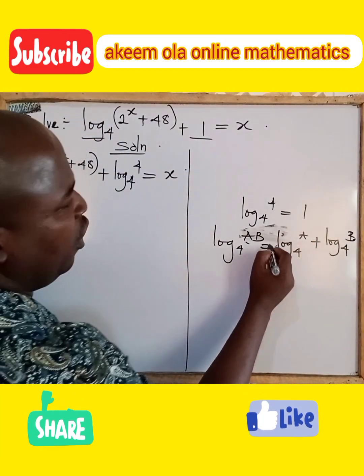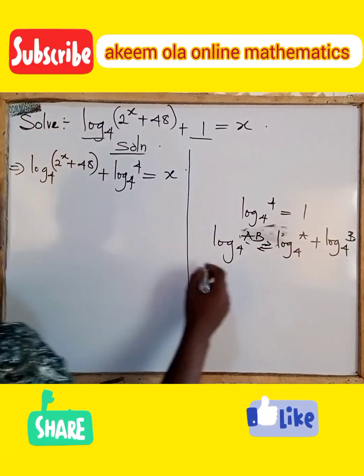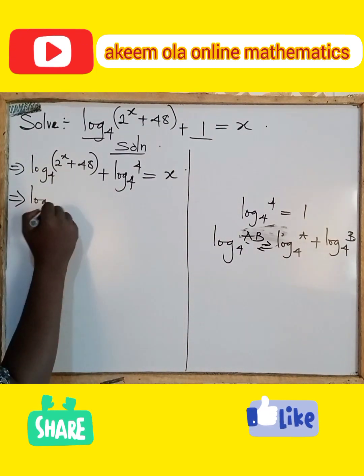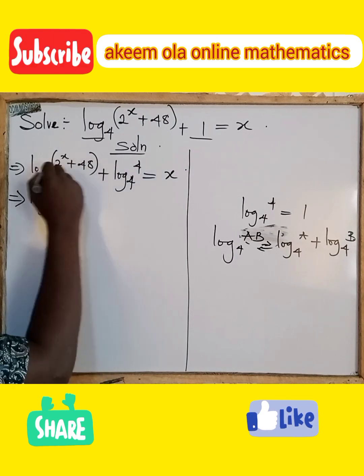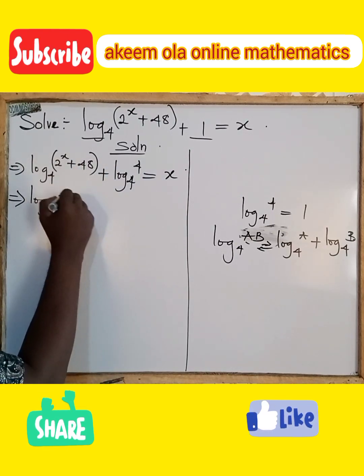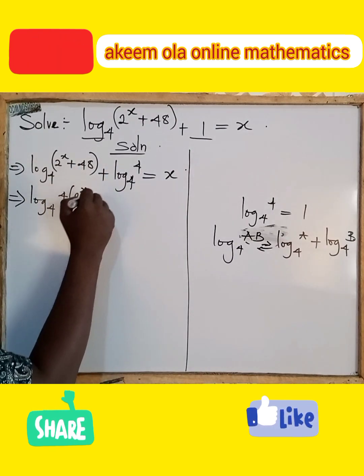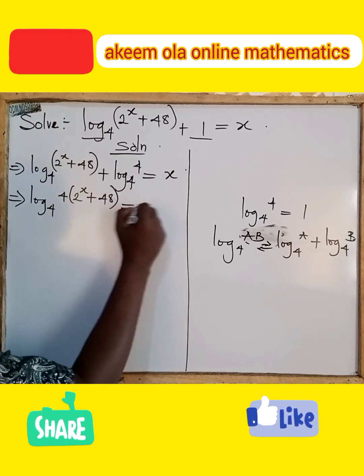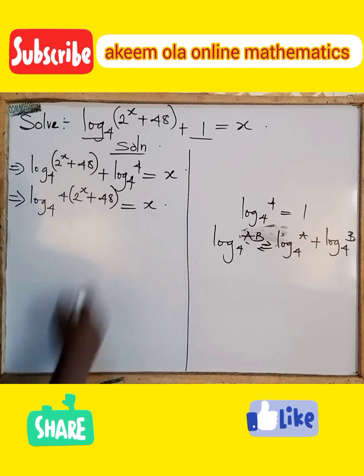So the law is reversible. That means the log 4 is common, so I will take that one out, and I can multiply these two together. If I do that, I will have 4 into 2 raised to power x plus 48. Everything is now equal to x that is here.